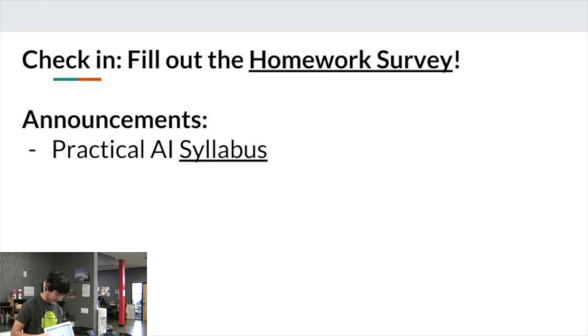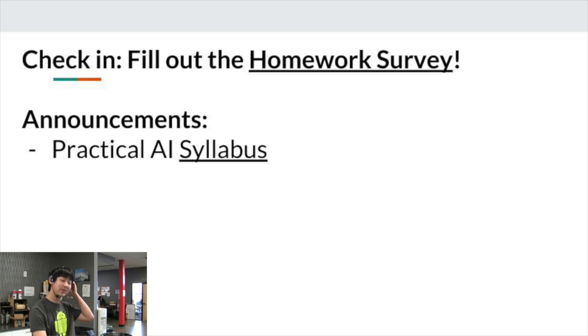And then you have a schedule, and for each class, the lecture times, the office hours, the lecture slides, and then the YouTube link and homework. That's going to be your primary resource. If you ever get lost, or don't know what the assignment is, just check the syllabus. Okay, so that's the syllabus.